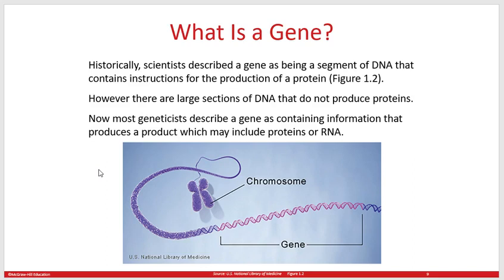Now, is the instruction manual important? Yeah, because it tells you what pieces go first, what pieces go second and third. And that's really all your DNA does. It tells you, hey, if you want to build this protein, then the instructions say to put this amino acid first, this amino acid second, this amino acid third.